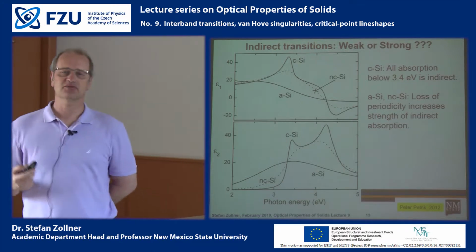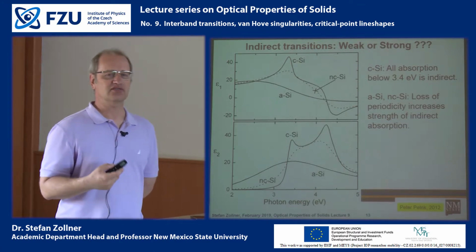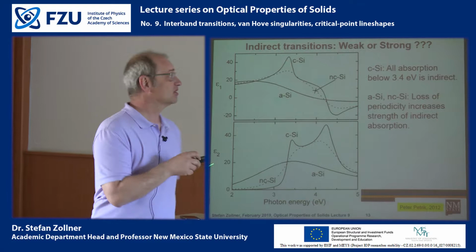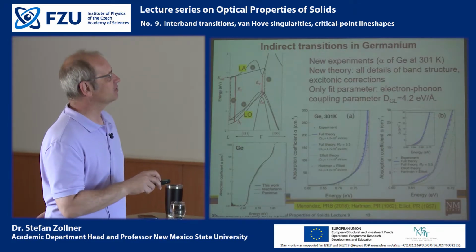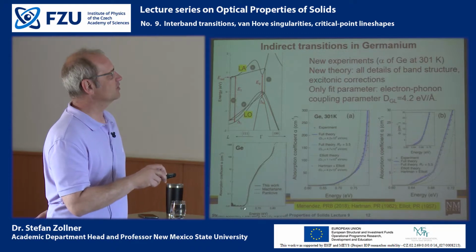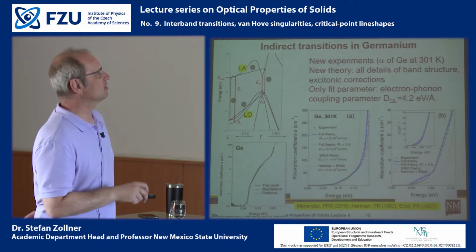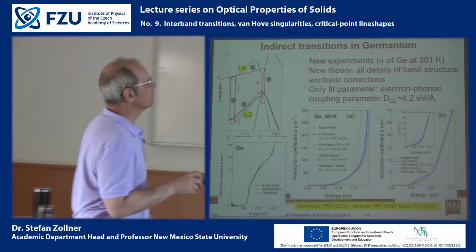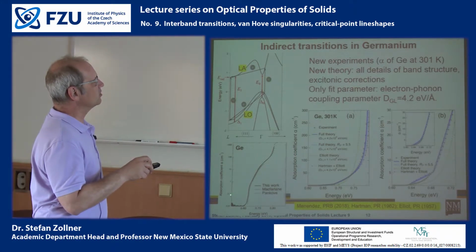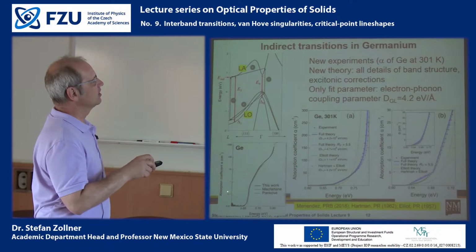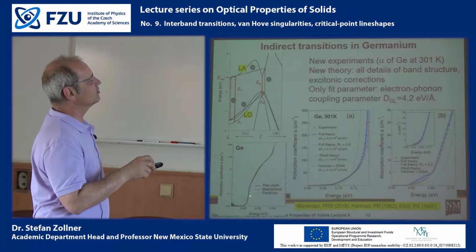However, with ellipsometry, we can almost never measure the indirect gap, which is over here, because for an indirect gap, the absorption coefficient is just way too small. You see, in order to get the right indirect gap, one has to measure absorption coefficients that are on the order of 0.1 inverse centimeters.